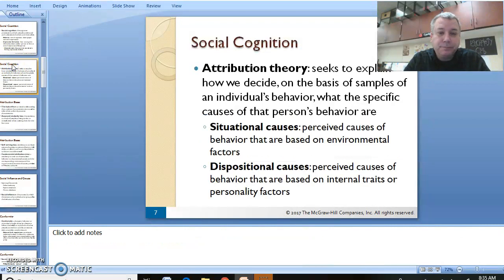Attribution theory is basically we apply reasonings as to why someone is behaving a certain way. Okay? What causes a person to behave that way?